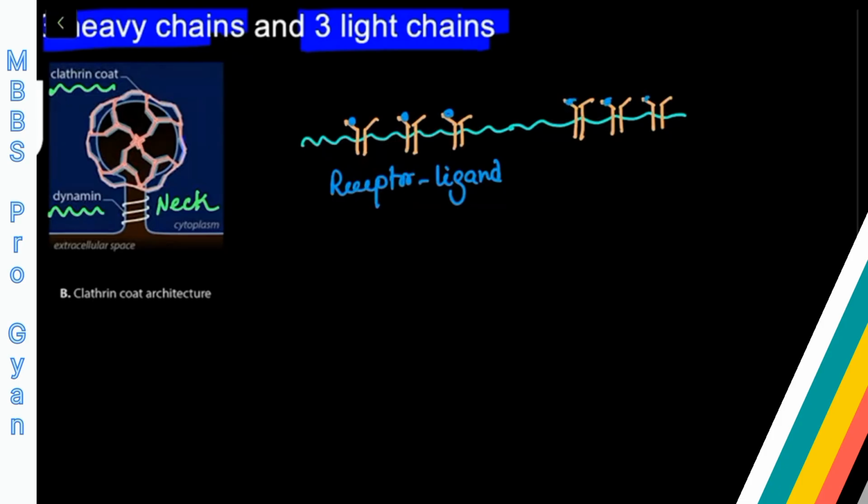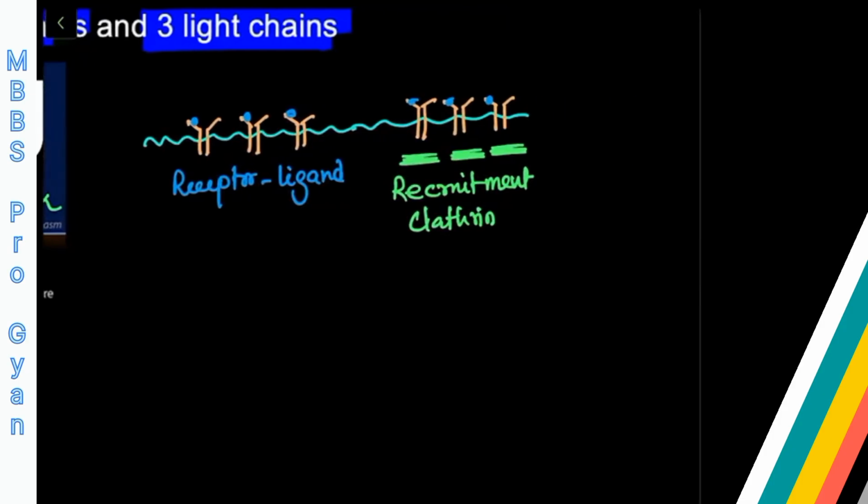Aggregation of the receptor along with ligand is happening, and then clathrin is recruited. This is not actually coating, this is known as recruitment of clathrin protein.